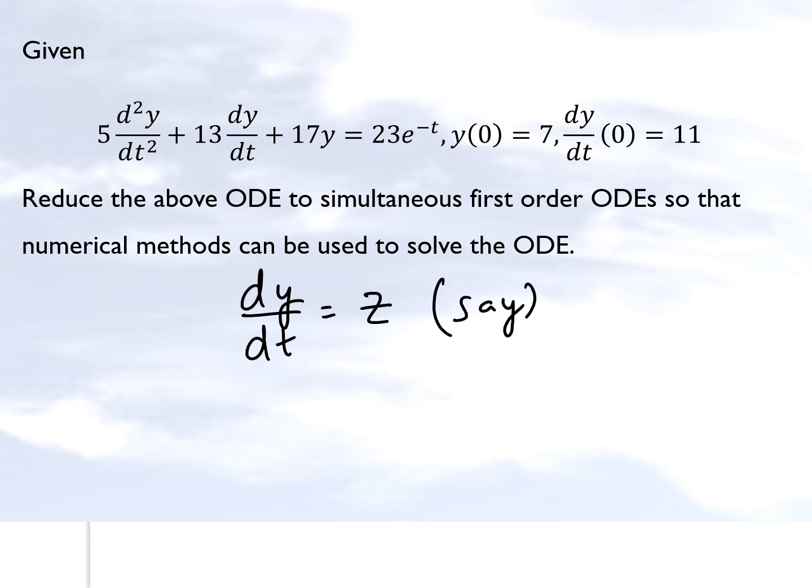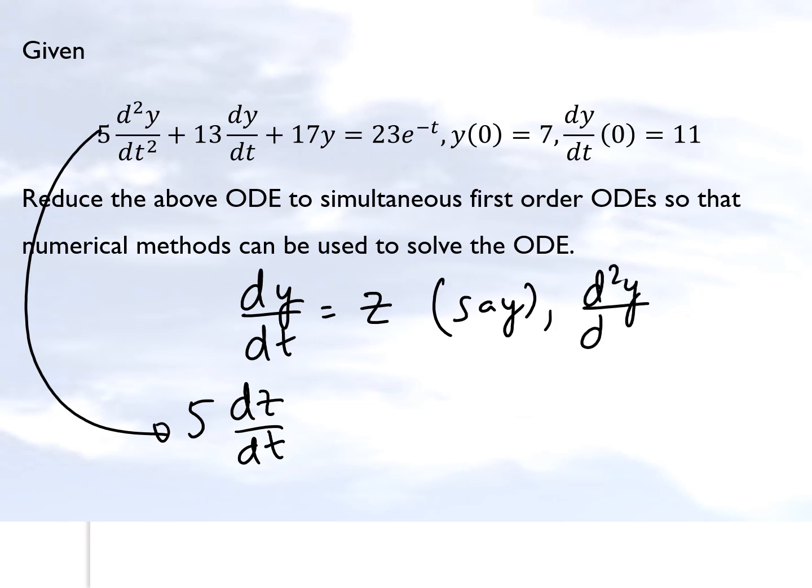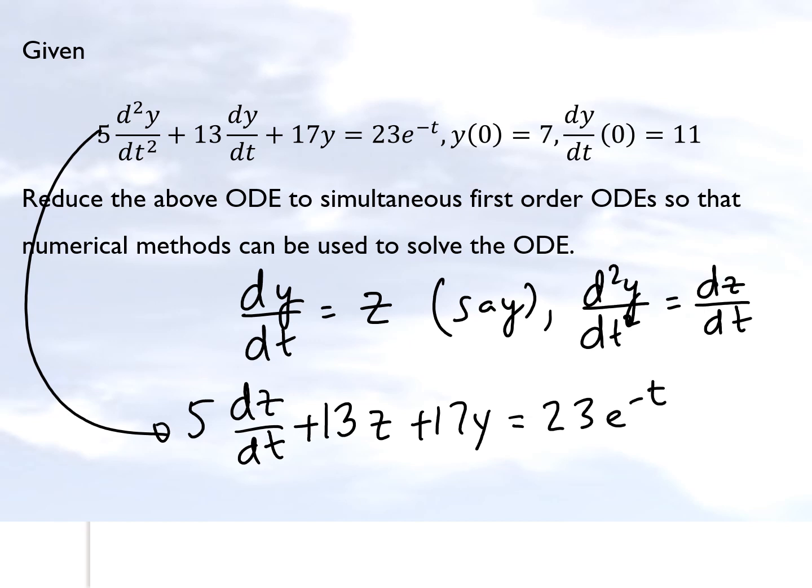If we do that, this differential equation right here we can write as 5 dz/dt. Why? Because the second derivative of y with respect to t is now dz/dt. So we can write 13 z instead of 13 dy/dt, plus 17y, equal to 23 e to the power minus t.